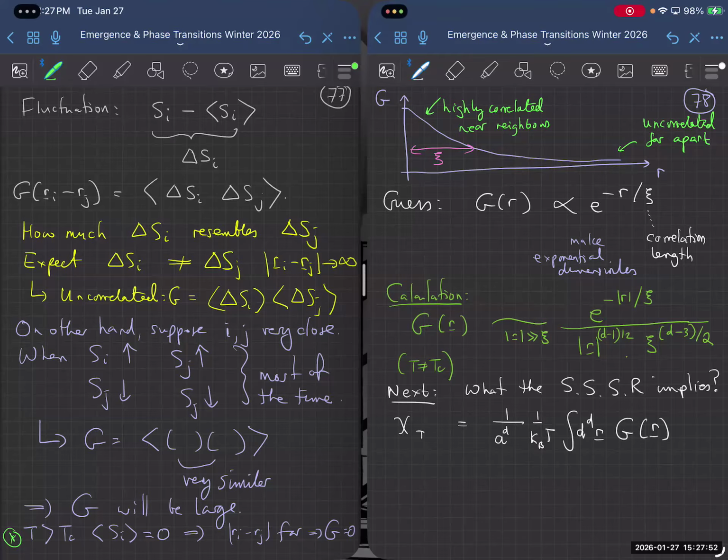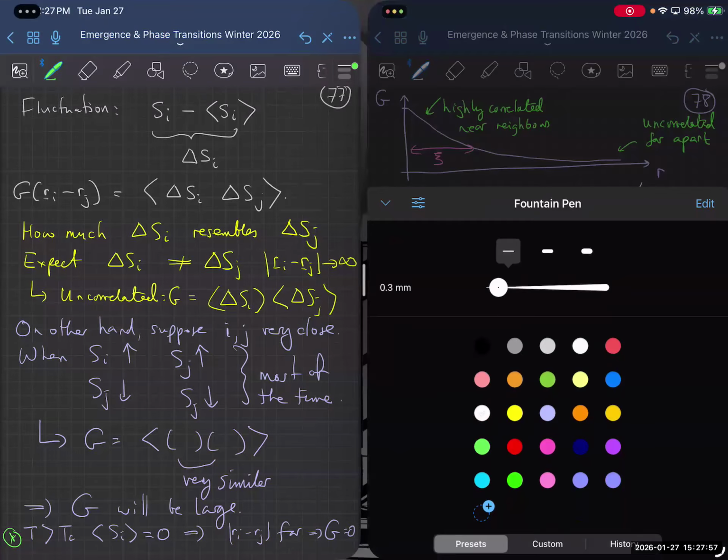Okay, so now here is the puzzle. Here is the thing that should make you very concerned.